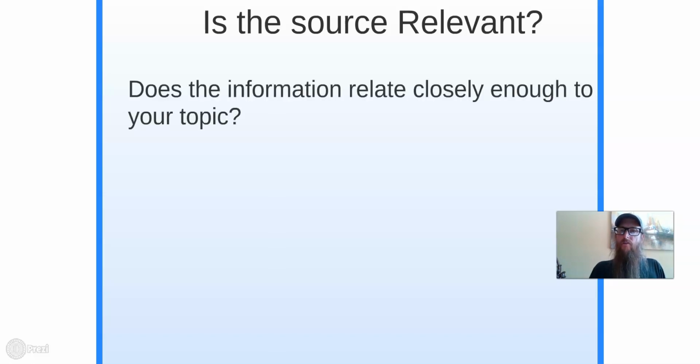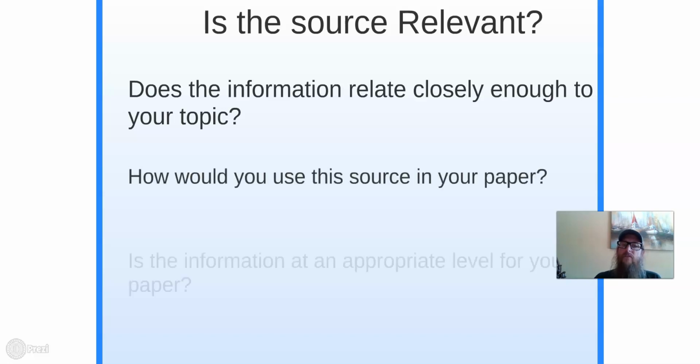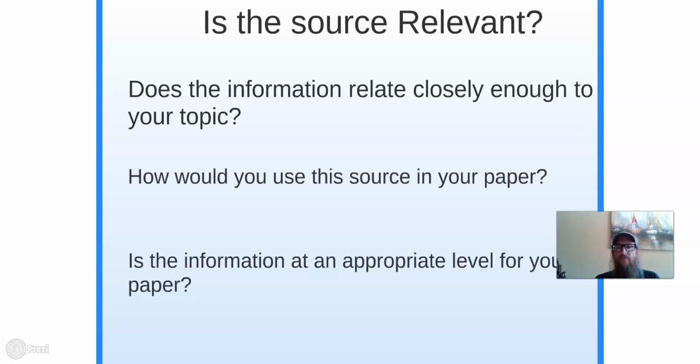Now, the idea of them calling it relevant is a little bit misleading because this first part is easy. Students know how to choose articles that are relevant, right? That relate to the topic. But here's the thing. If you're writing for an academic audience, as I'm asking you to, they have a certain expectation about the level of the source.